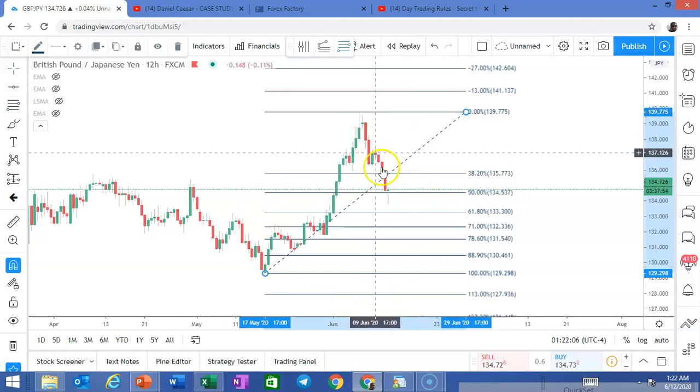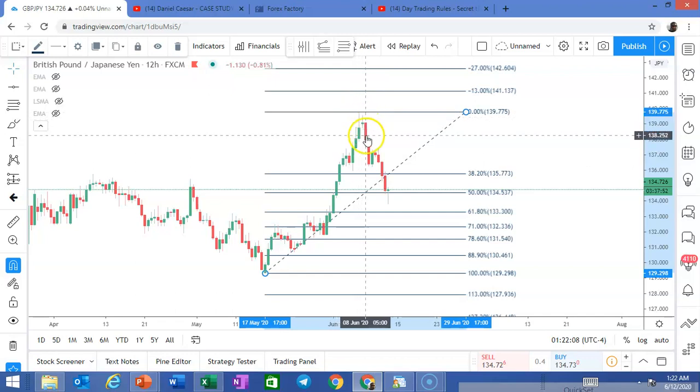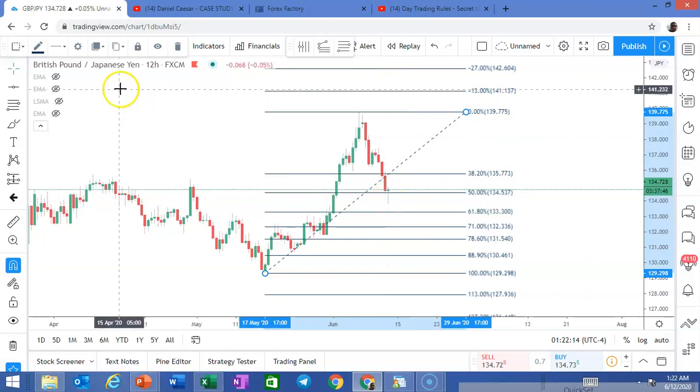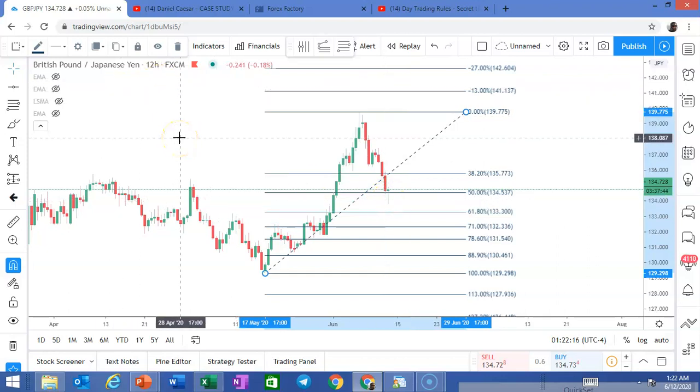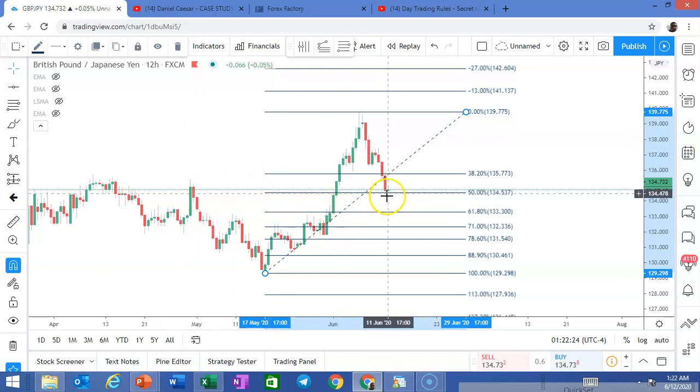And here we can see that price action has now retraced to the 50%. Granted, we are on the 12-hour time frame. Again, price action has retraced to the 50% level.